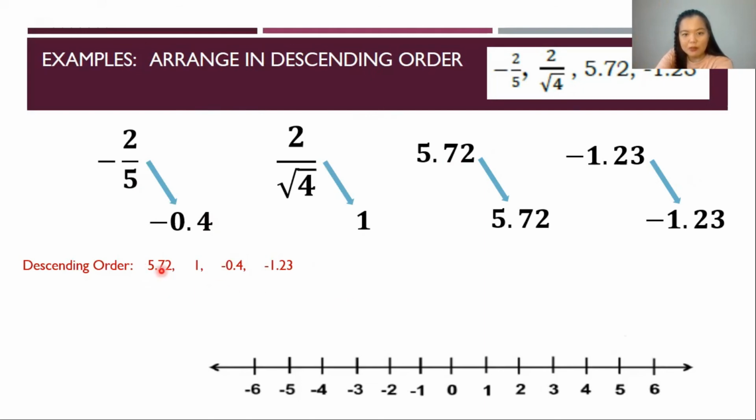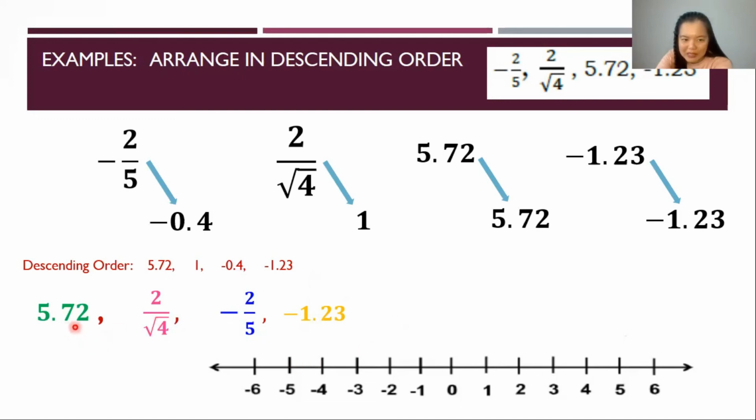So, yung 5.72, ito siya. Yung 1, 2 over square root of 4. Kasi yung square root of 4 is 2, or 2 divided by 2 is 1. So, tingnan yan. And then yung negative 2 over 5, which is yung negative 0.4, at yung negative 1.23, ito.